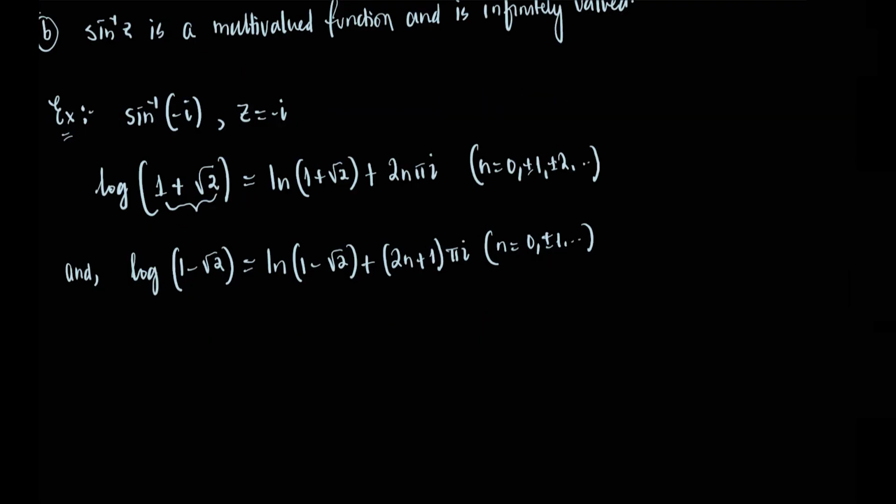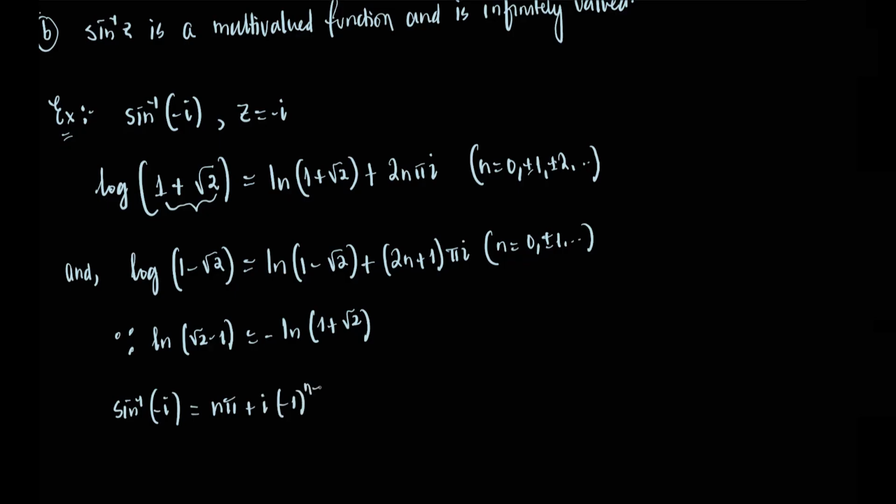Since log of root 2 minus 1 is nothing but minus log of 1 plus root 2, therefore sine inverse of minus i, you can write as n pi plus i times, please check this part, minus 1 whole power n plus 1, and then log of 1 plus root 2. If you put everything together, it will look like this, and of course n is in Z.